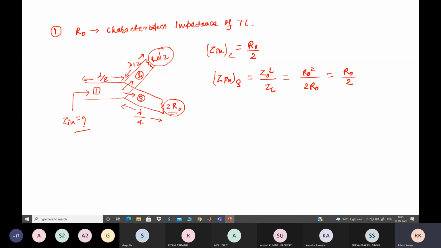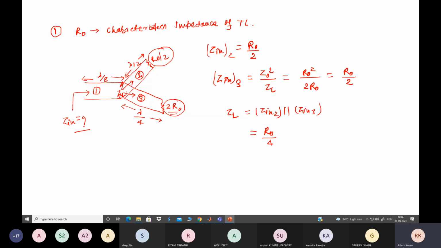Now see here, what is the load for this? Suppose it is denoted by ZL at this point. So this ZL should be equal to the parallel combination of Z in 2 and Z in 3. So we apply the parallel combination, and since we have the same value, we will get half of it, so ZL equals R naught by 4.